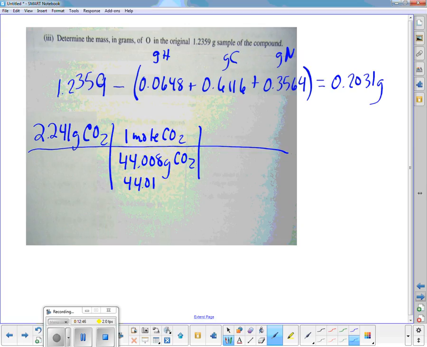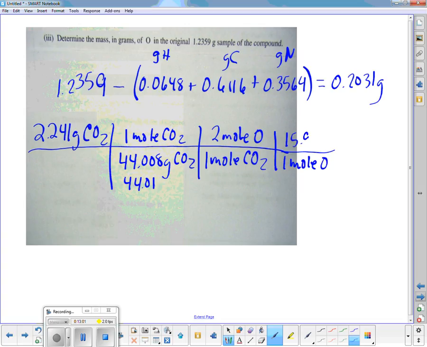And then I'd go here, and so for every 1 mole of CO2, there are 2 moles of O. And then for every 1 mole of O, there are 15.999 grams of O. So let's double check this and see if we get the same answer. We actually should, but let's make sure.